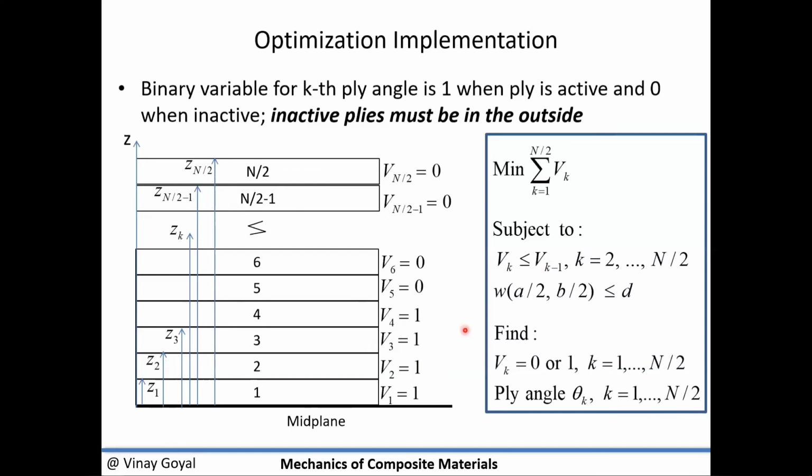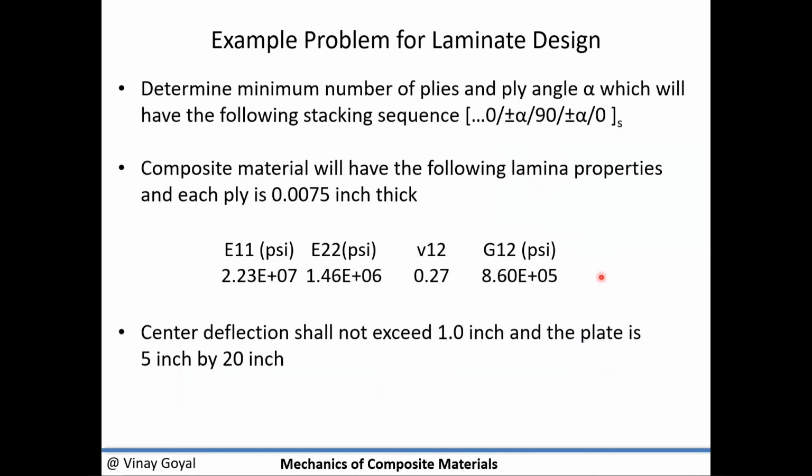And the second question we want to find is, what ply angle should I have here to be able to make this work? So some clever ways can be used to optimize ply angles. That problem can be solved fairly simply.